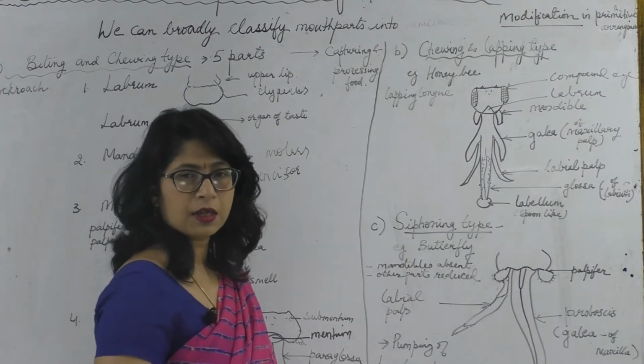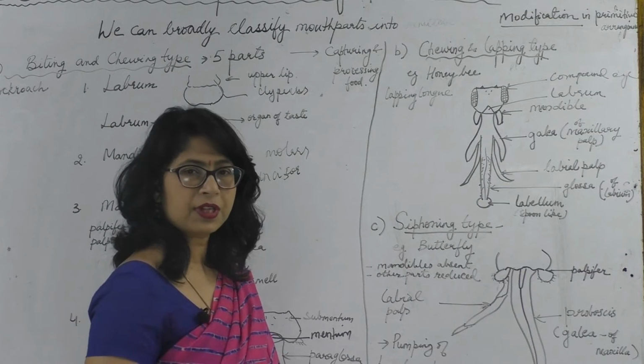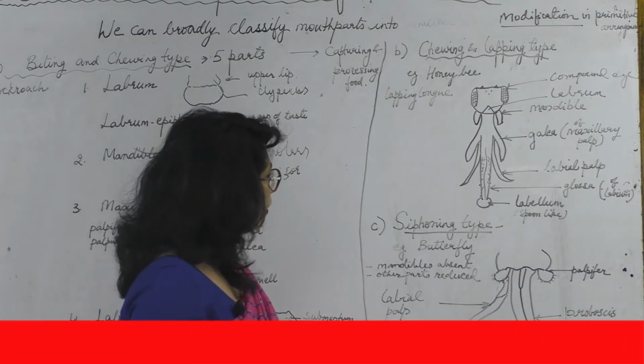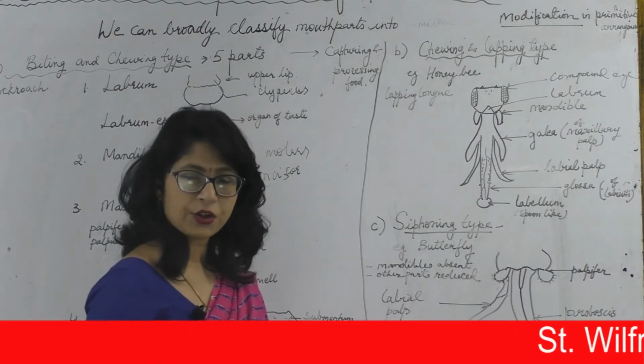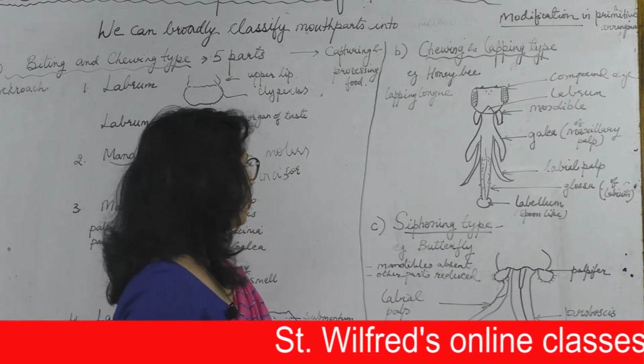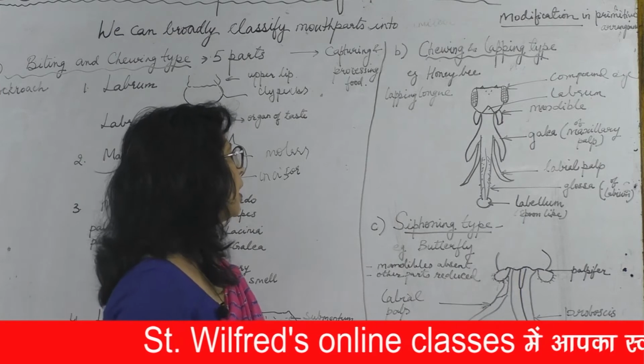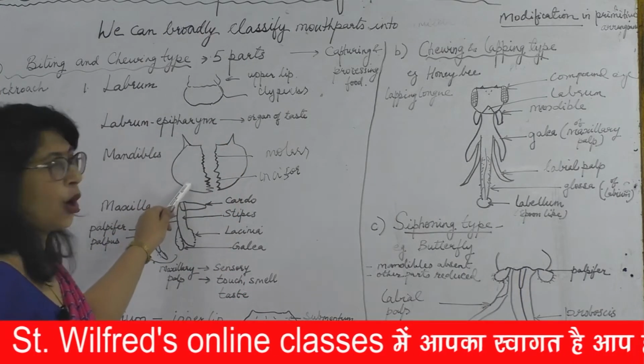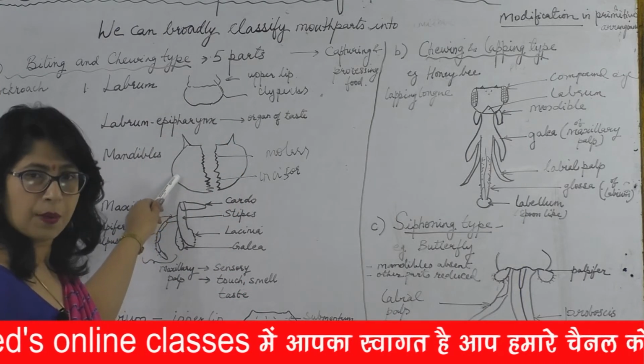Labrum covers the mouth from upper side. Mandible helps in crushing and shaping of wax. In mandible of honeybee, the inner edges are not serrated, they are blunt.